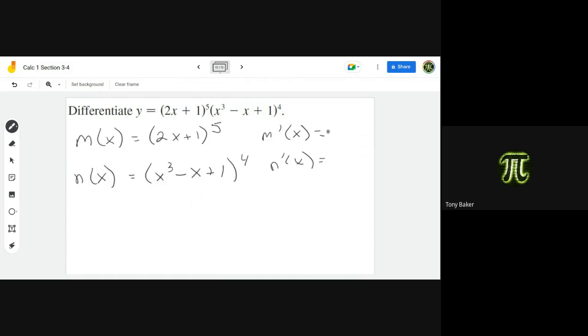Find those two using the quotient rule, I mean, quotient rule and chain rule. I took the problem and I split it up. I want you to find m prime, the derivative of the first piece, and the derivative of the second piece.